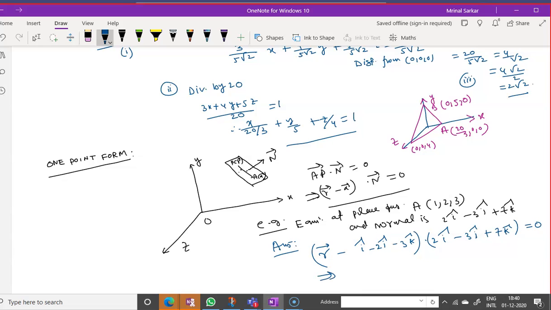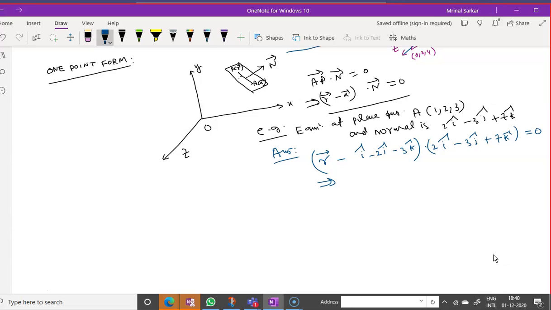So this is the vector form. This is enough if you write it in this manner. But if you say that now I want to express it in scalar form, then you can take r as xi plus yj plus zk, dot 2i minus 3j plus 7k equal to 0.